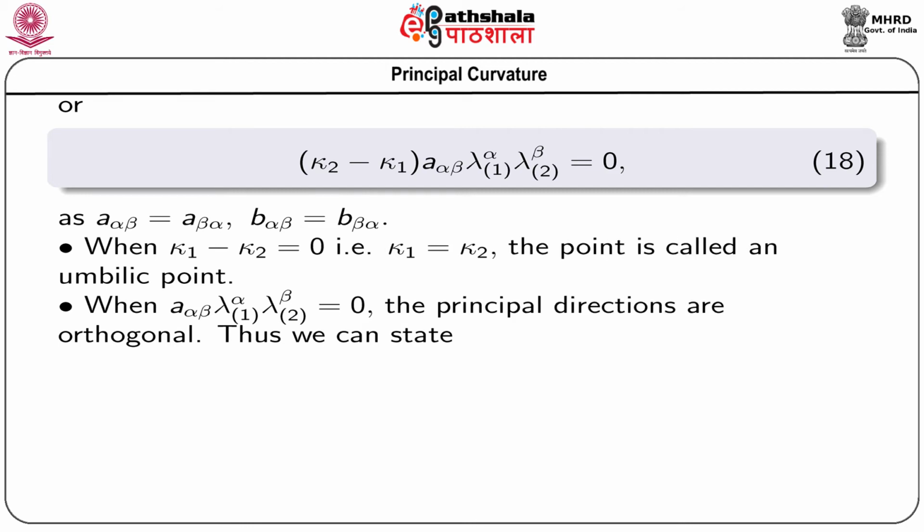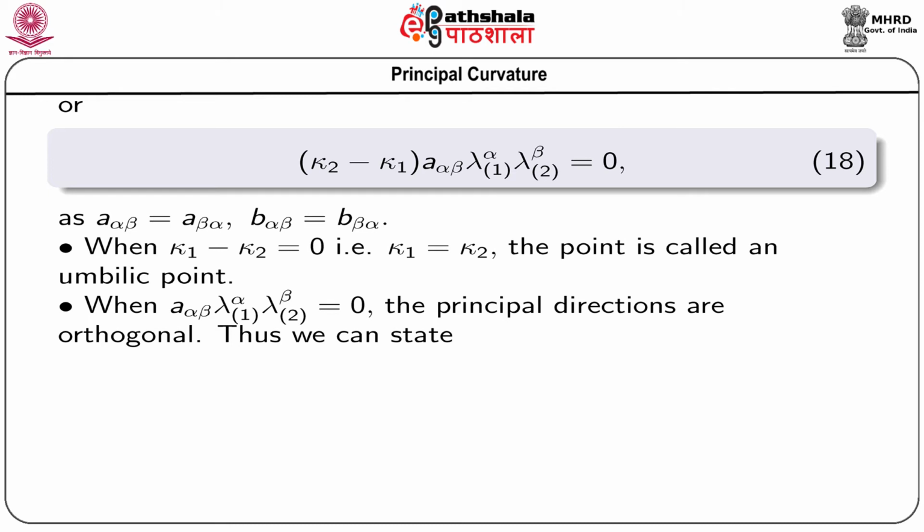Now, we know that a alpha beta is equal to a beta alpha, because the coefficients of the first fundamental form and the second fundamental form are symmetric. So, a alpha beta equals a beta alpha and b alpha beta equals b beta alpha. So, when kappa 1 minus kappa 2 equals to 0, that means kappa 1 equals kappa 2, the point is called an umbilic point.